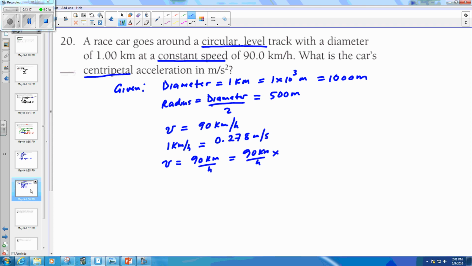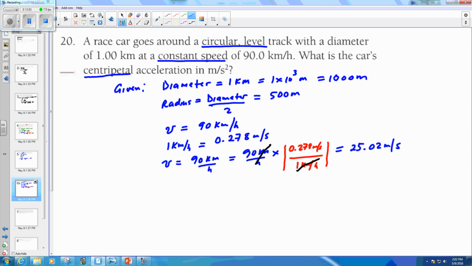I want to arrange this as a fraction, so I'll put 0.278 meters per second on top, and I have 1 kilometer per hour at the bottom, and the reason is so that I can do this. The kilometer per hour cancels out. And if you work this out, it turns out to be 25.02 meters per second.